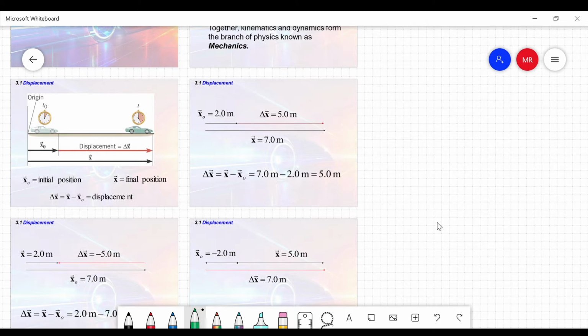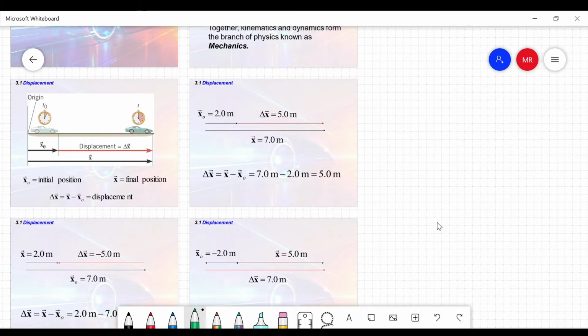Displacement is a vector quantity that describes how far now an object is relative to its original position. So, ang displacement, dinidescribe niya kung gaano na talaga kalayo ang object mula sa original position at saang direction ito. Hindi lang yung distansya, kundi pati yung direction, saan siya relative to the starting point.